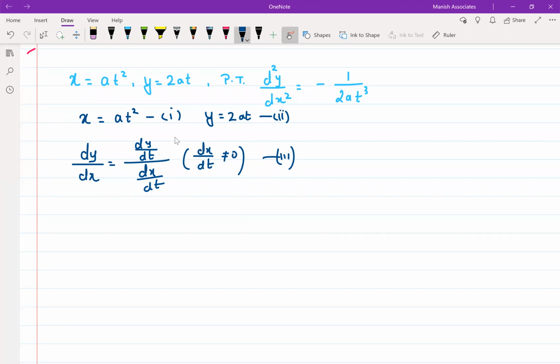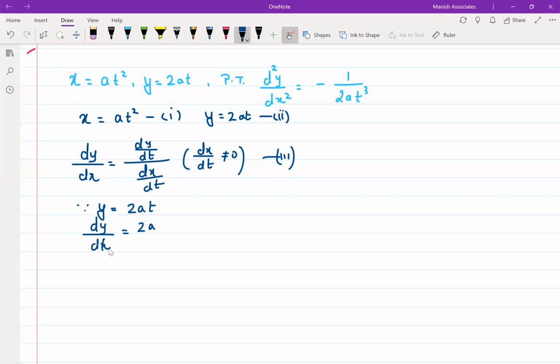So now I'll calculate individually dy by dt and dx by dt. Simple. So now let us calculate dy by dt. Differentiate equation 2 with respect to t. We know that y is equal to 2at. So your dy by dt will be equal to 2a.